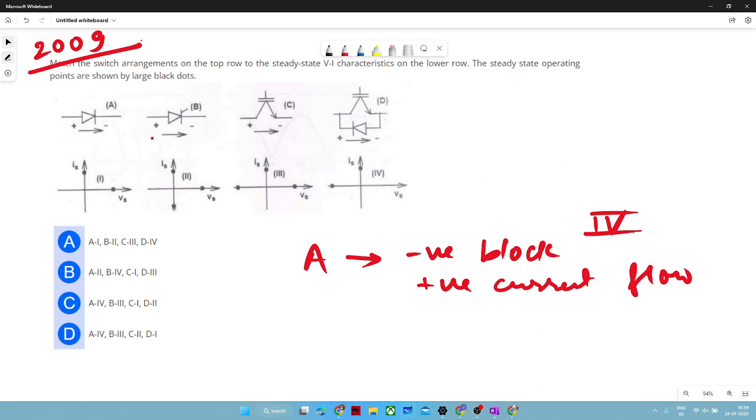Now B is a thyristor, so it blocks both polarities of voltage and it conducts in positive direction. So from option 3, we can see it has bipolar and unidirectional similar to thyristor characteristics. So we can write B for option 3.